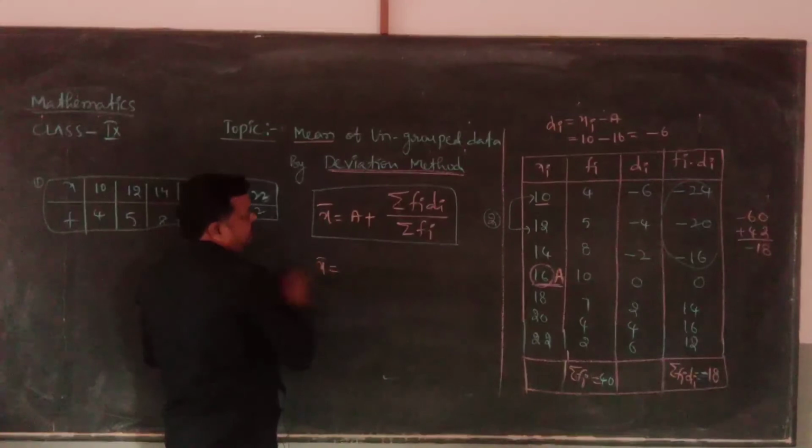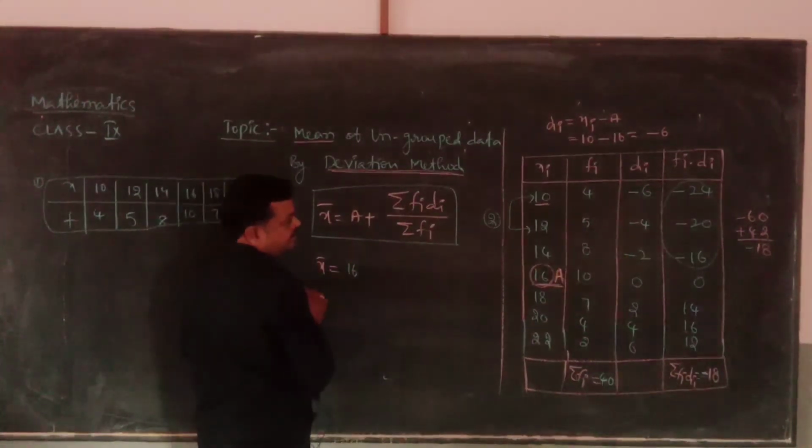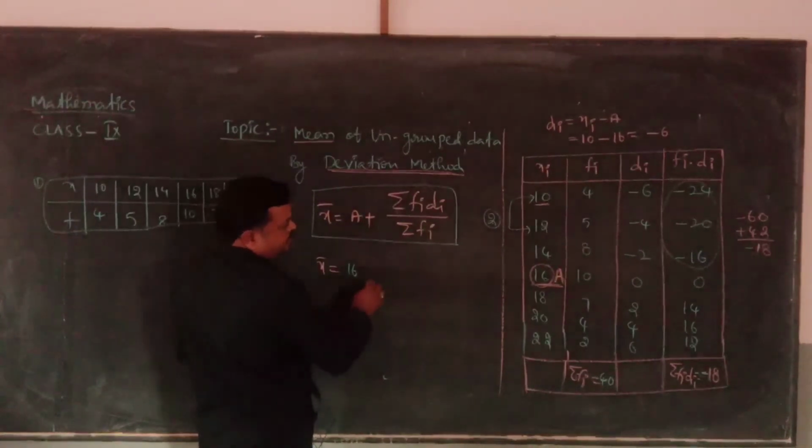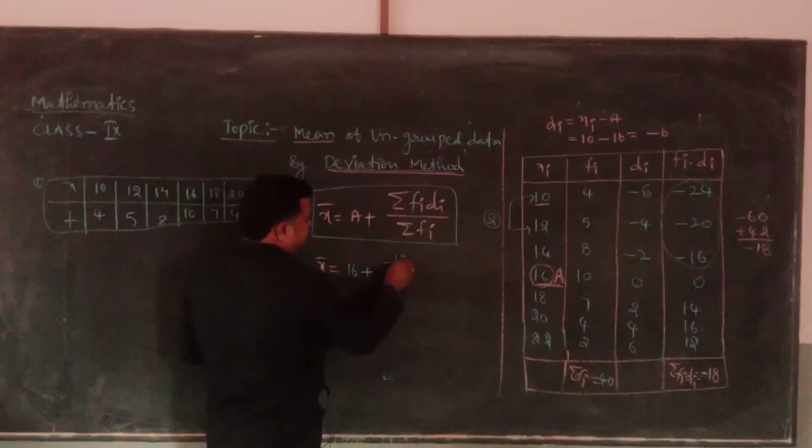X bar is equal to, now substitute the values. A is 16 plus sigma fi di which is minus 18, by sigma fi which is 40.